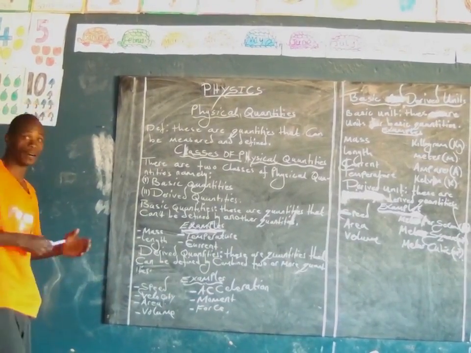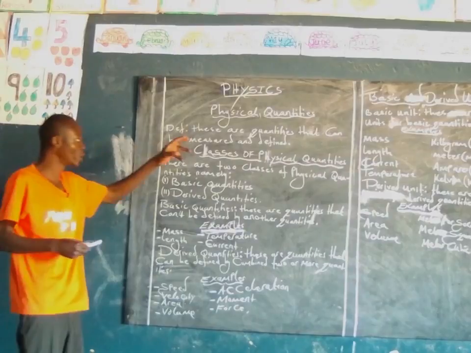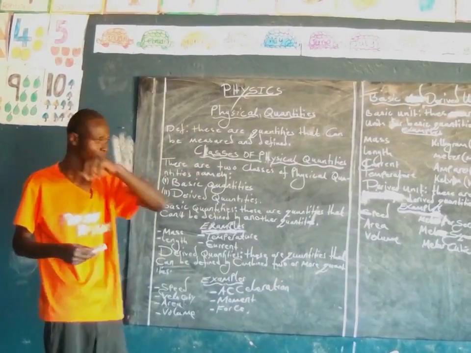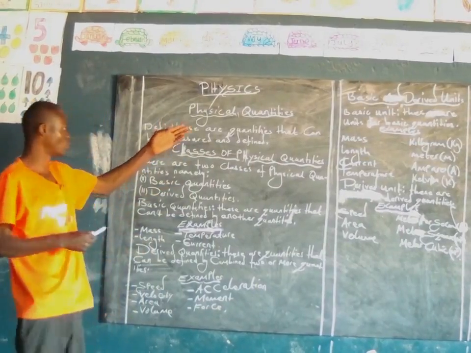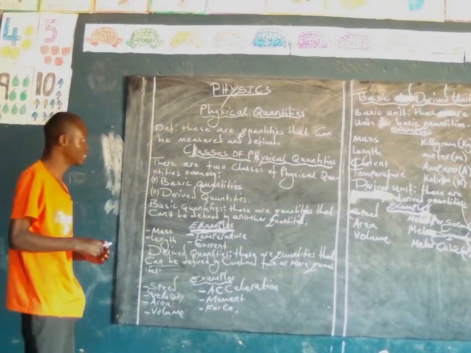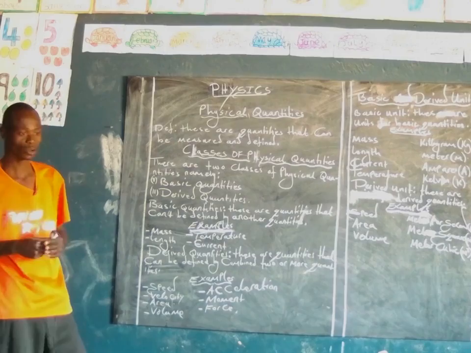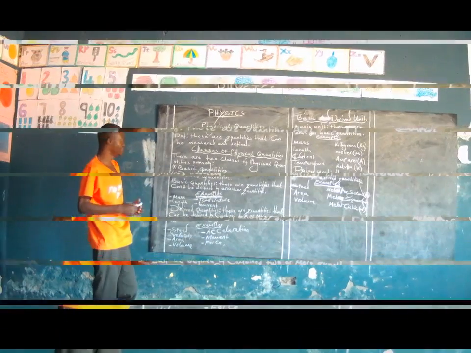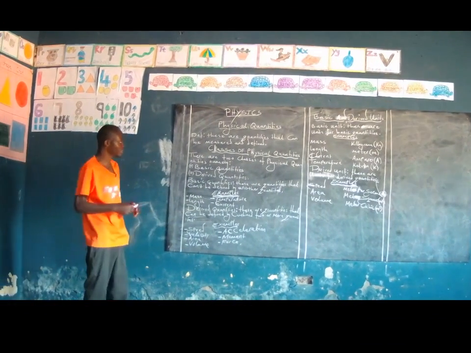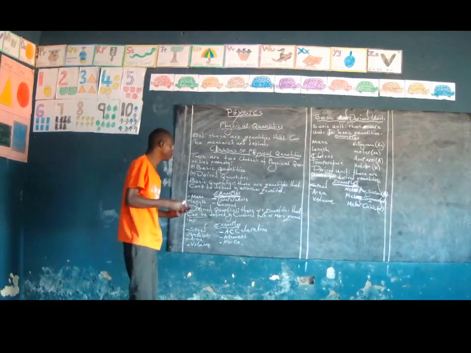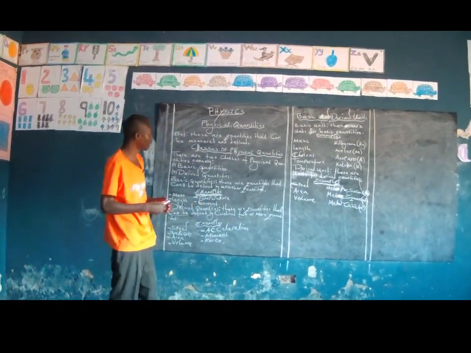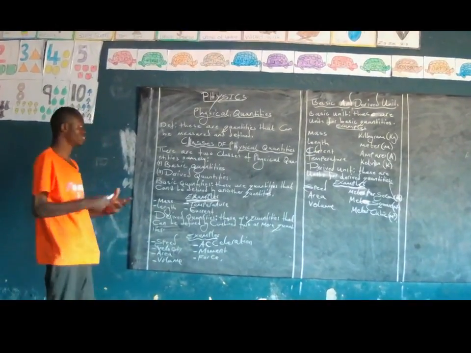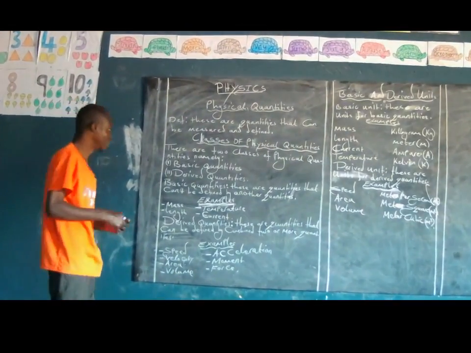Okay. Now, the first word that we are going to look at is physical quantity or physical quantities, under what we call general physics. These are quantities that can be measured and defined.